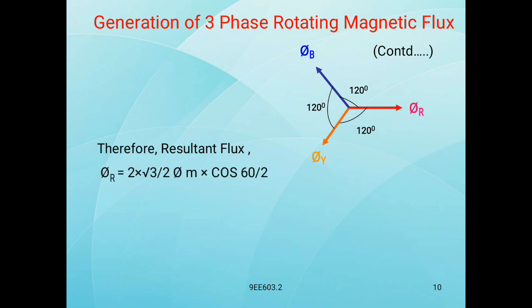Therefore, the resultant flux between these three phases is: φr = 2 × (√3/2) × φm × cos 60°/2, which equals 1.5 φm. Whenever θ is equal to 0, the flux of the resultant three phase rotating magnetic field is φr = 1.5 φm.